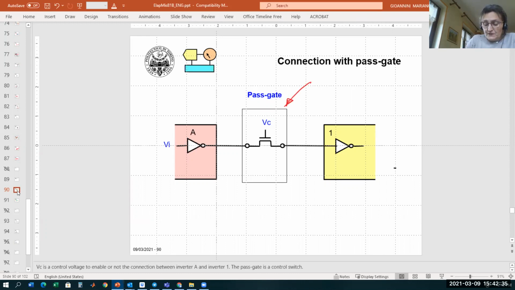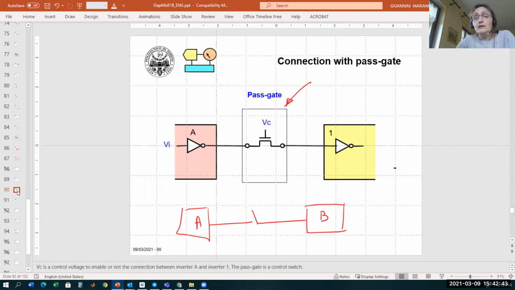So for example, I want module A connected or not connected to module B. You want to close this switch when you want these two connected, or open this switch when you want these two not connected. This switch, of course, is controlled by another additional command, so you have the switch command closing and opening this switch.